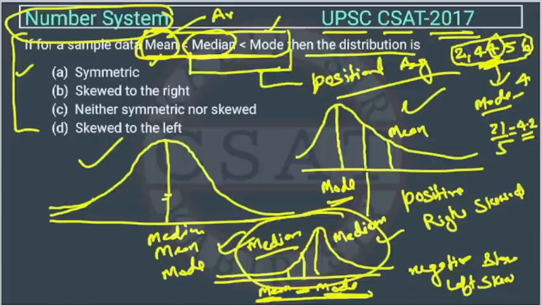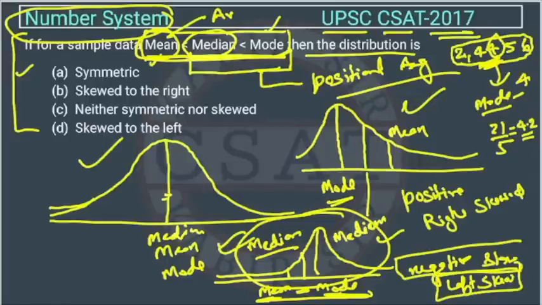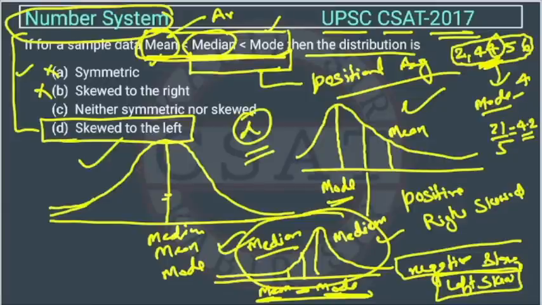So this satisfies the given equation. So this distribution will be left skewed or negative skewed. So the answer is: it is not symmetric, it is not skewed to the right. The answer is option D.